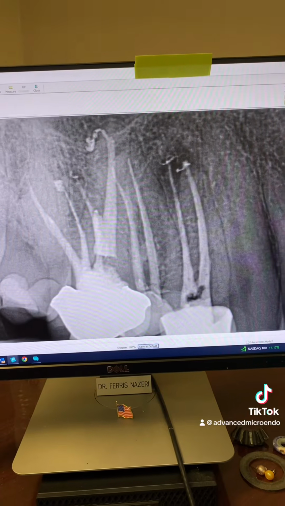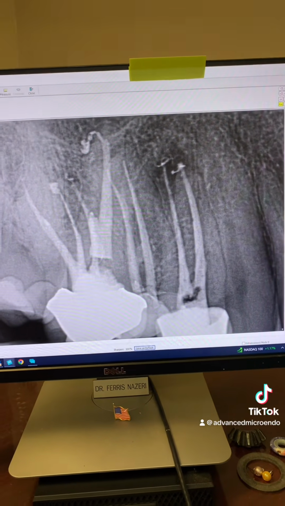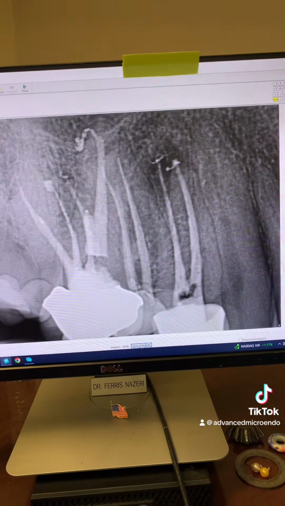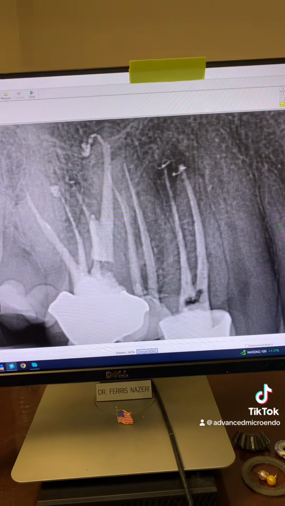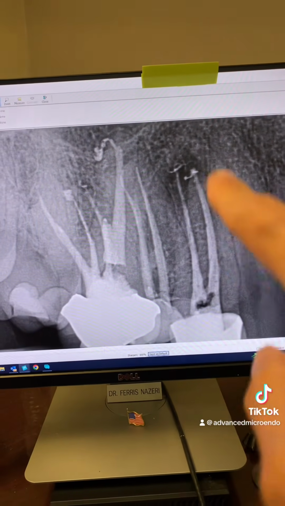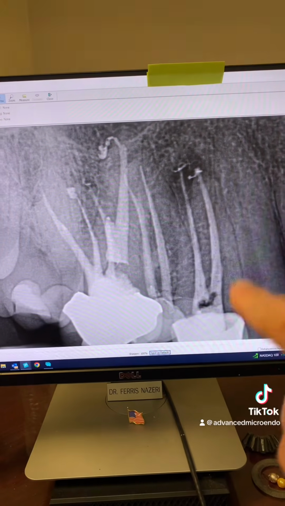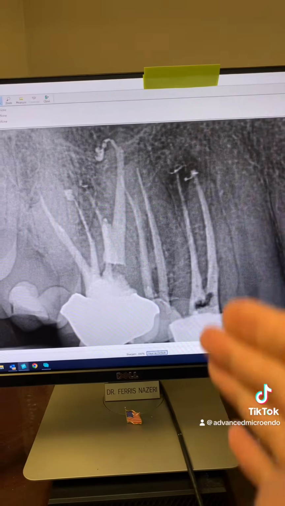So if you're only finding 1 canal, you need to be really suspicious that they definitely should have 2 canals. Anyways, that's the missed palatal canal that we were able to locate. As you can see, everything went great.